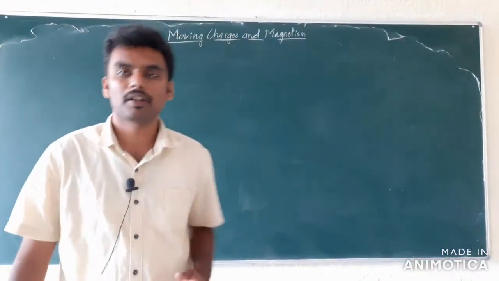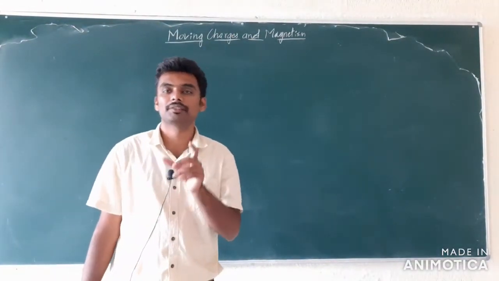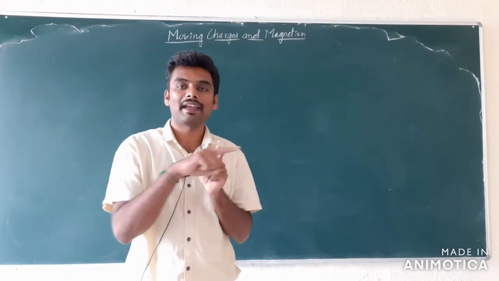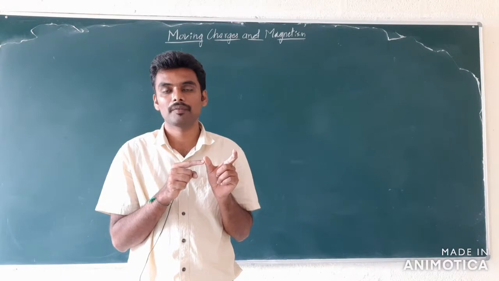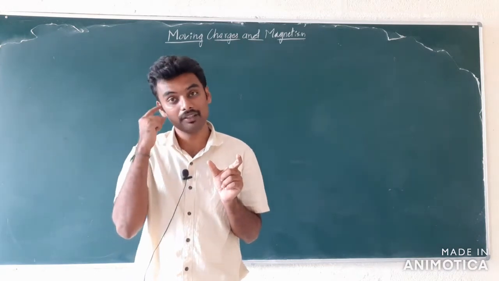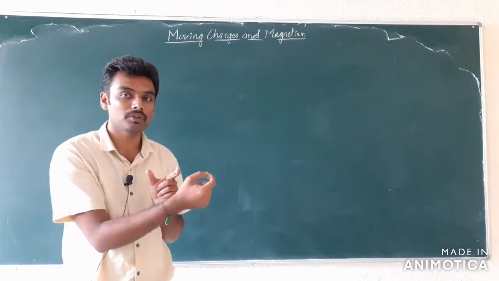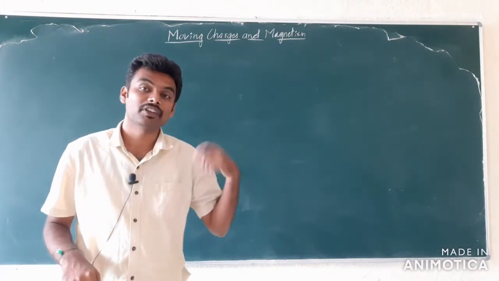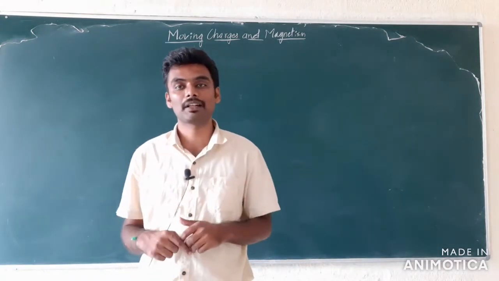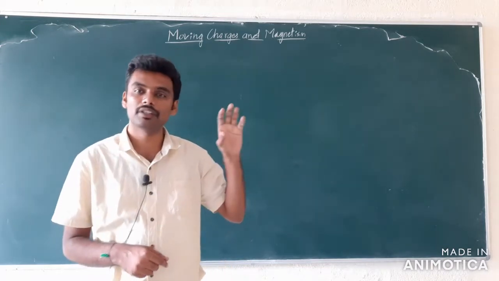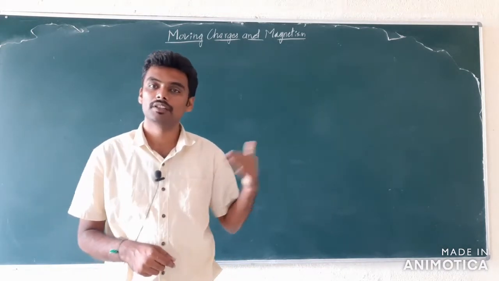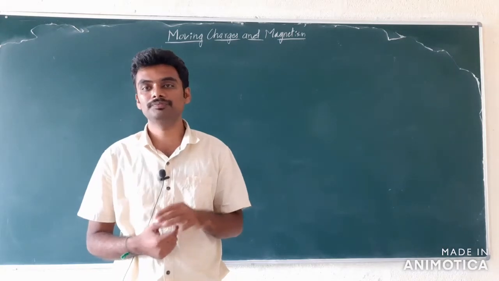Now, if you can remember, we expressed the electric field on the axis of an electric dipole. The electric field on the axis of an electric dipole was expressed in terms of electric dipole moment P, right? E is equal to so and so into 2P by R cube.